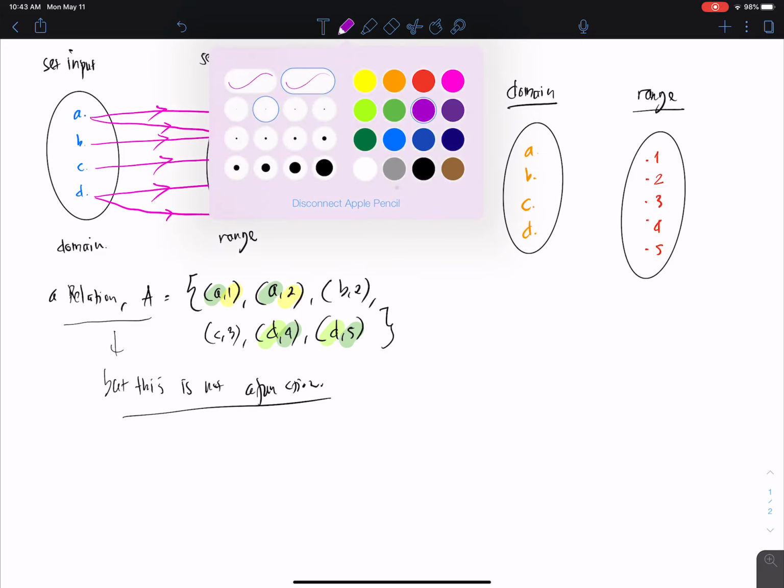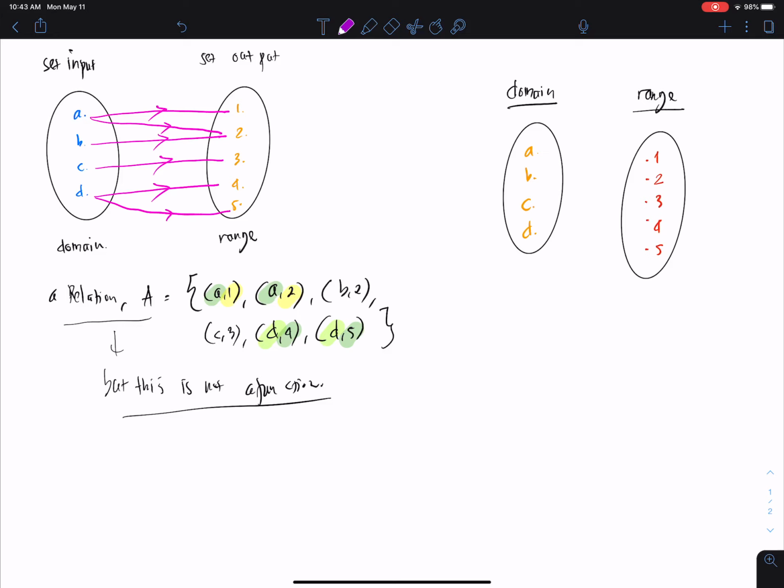So they are put into a certain relation, so that A pairs with 1, B pairs with 3, C pairs with 4, and D pairs with 5.